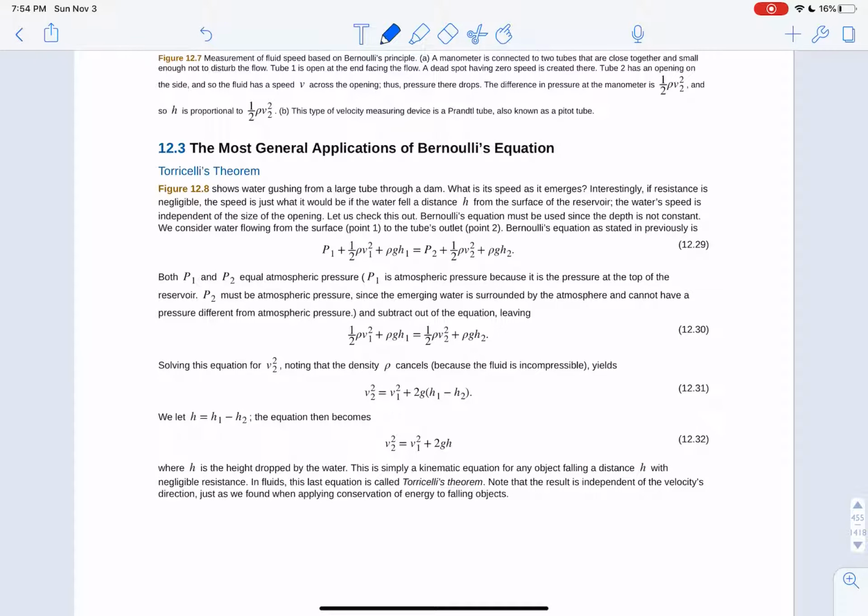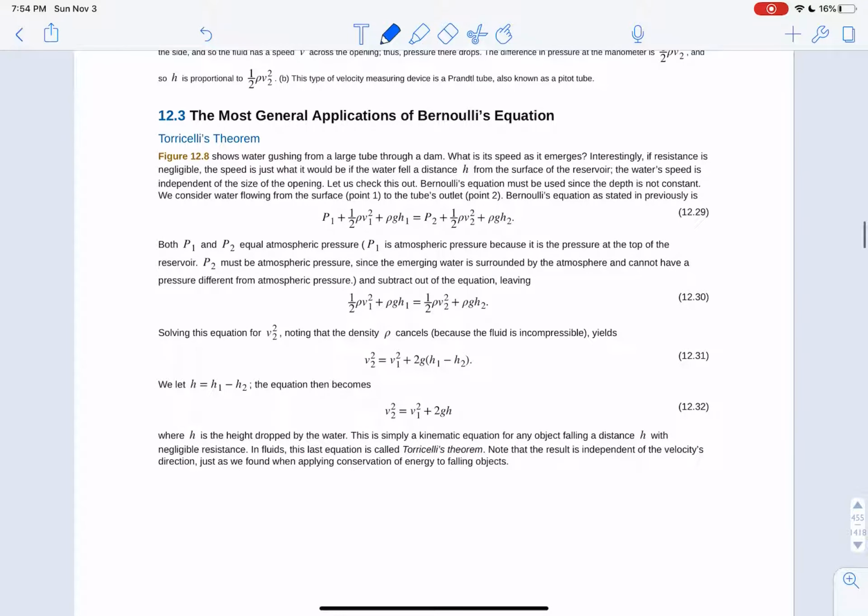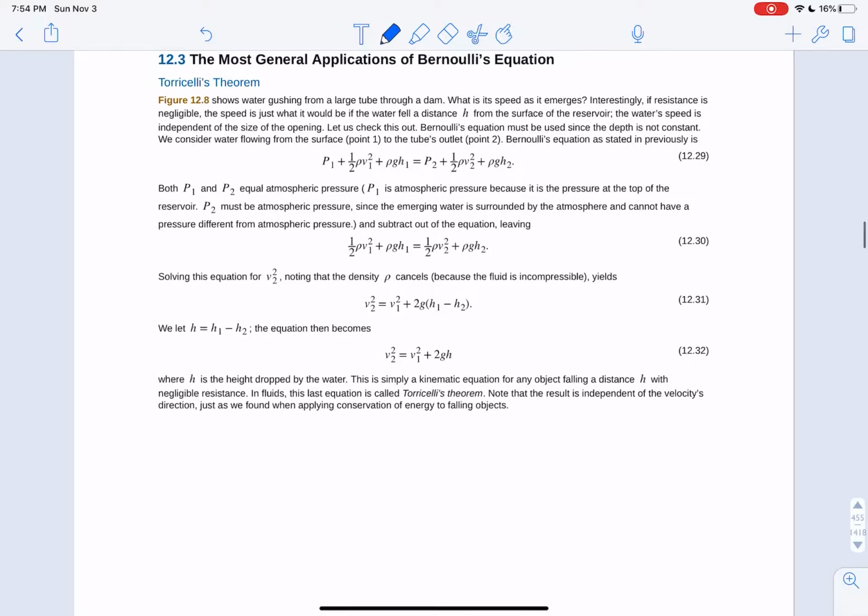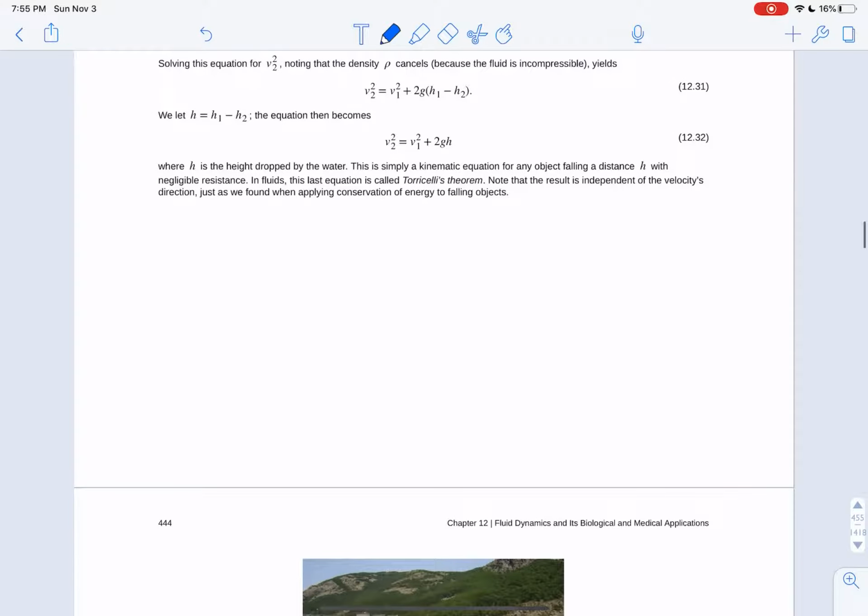The most general application is Torricelli's theorem, which just says if you've got a tank of water open to the atmosphere, and then water comes pouring out of it at the bottom, which means it also has the atmosphere on it, so P1 and P2 are equal, then the velocity of the water shooting out is just the square root of v1 squared plus 2gh, where h is just the height of the water that fell.